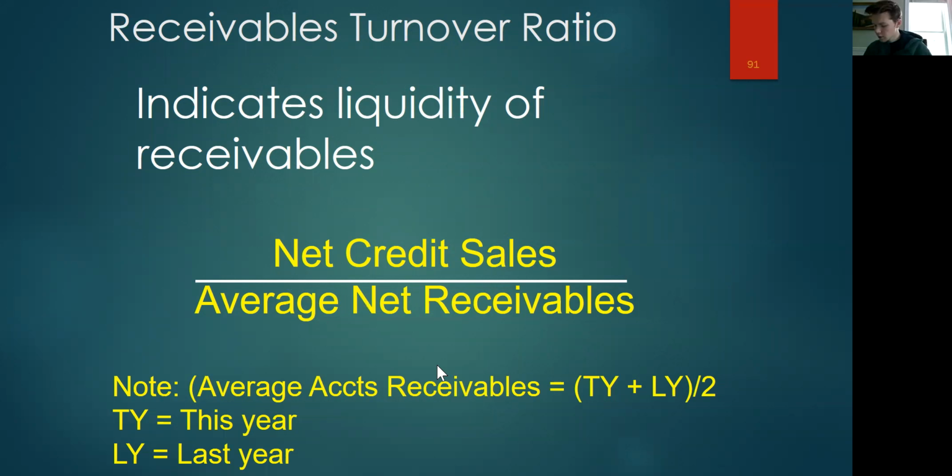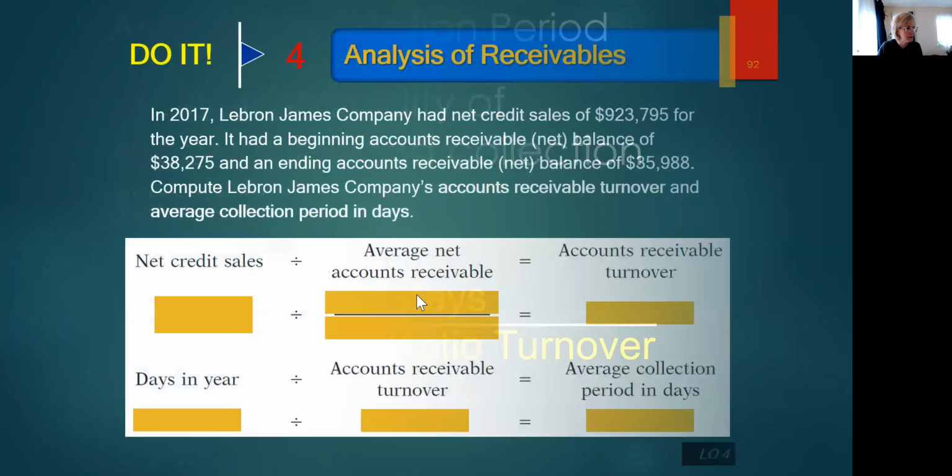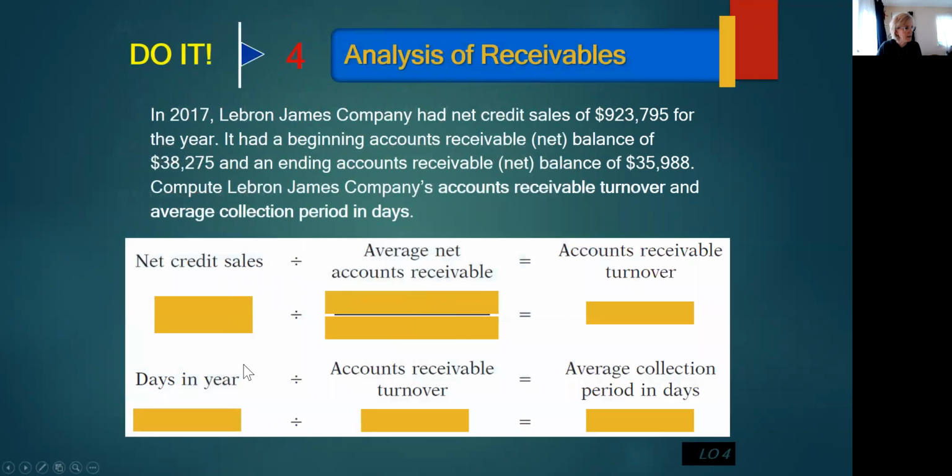Net credit sales divided by average accounts receivable and so forth. Okay, so let's walk through the calculations. For net credit sales, the problem has to give it to you, so you can write in 923,795 there. And then for average accounts receivable.